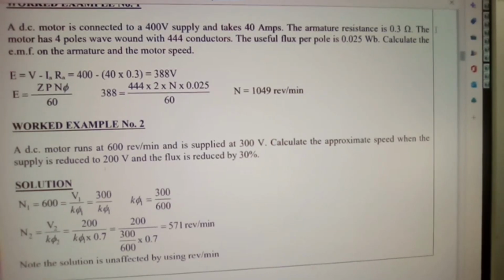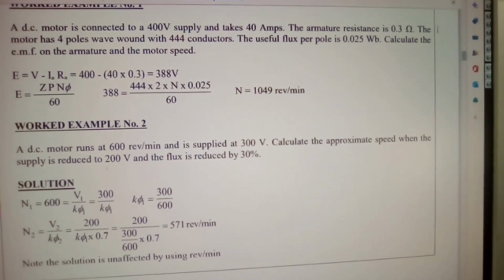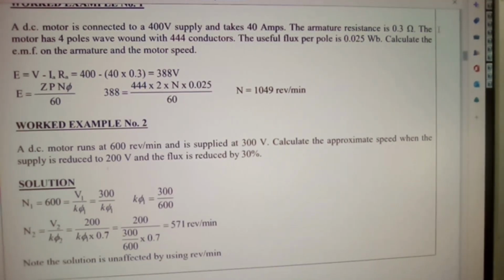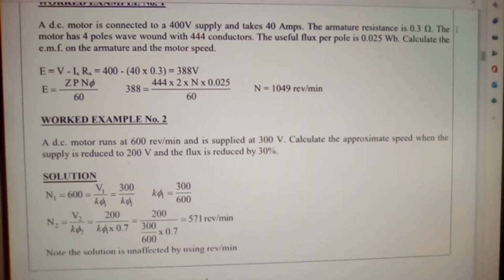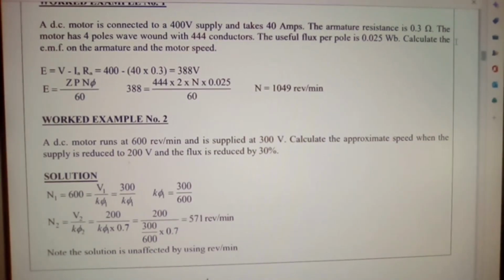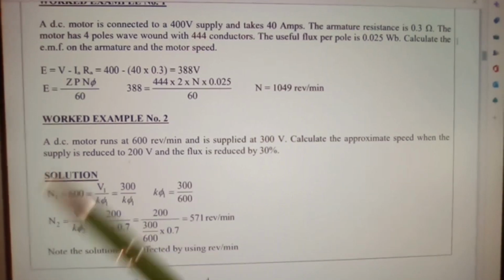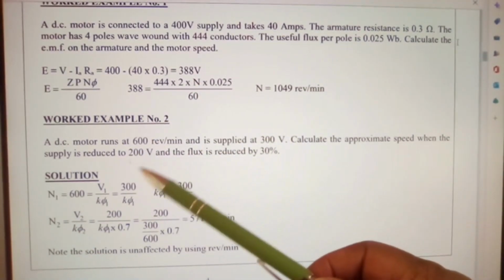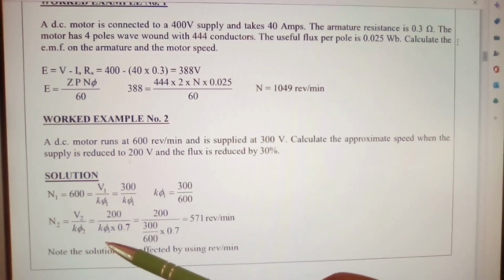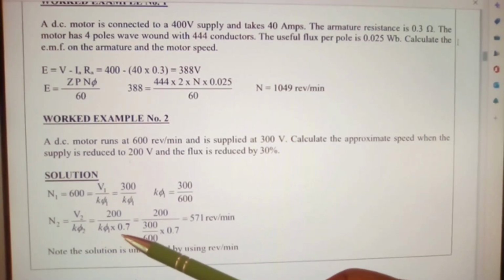Let's have a look. Now, N2 equals V2, which is the 200 volts, over K theta 1 times 0.7.